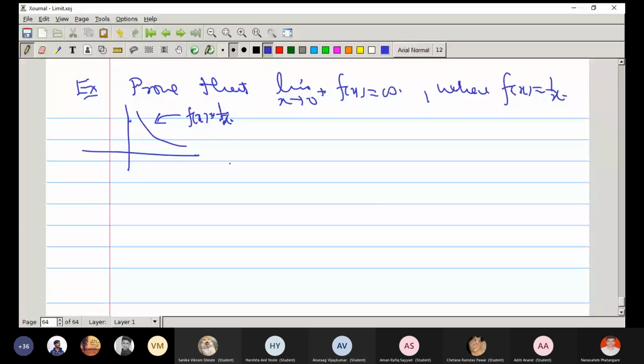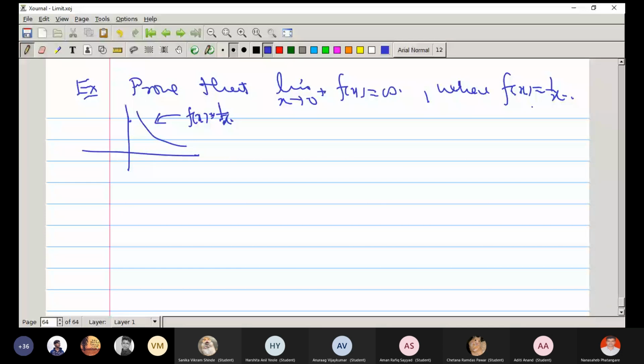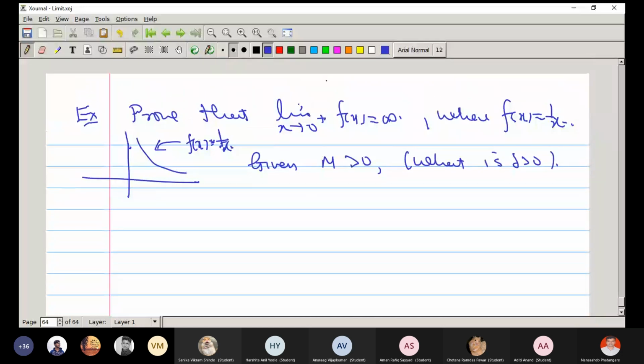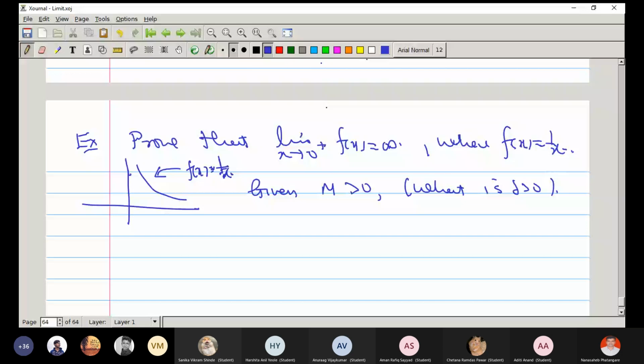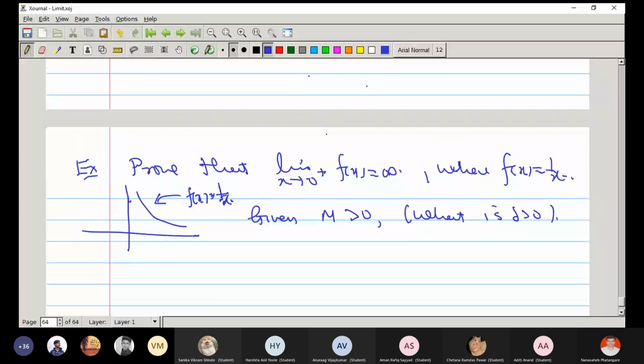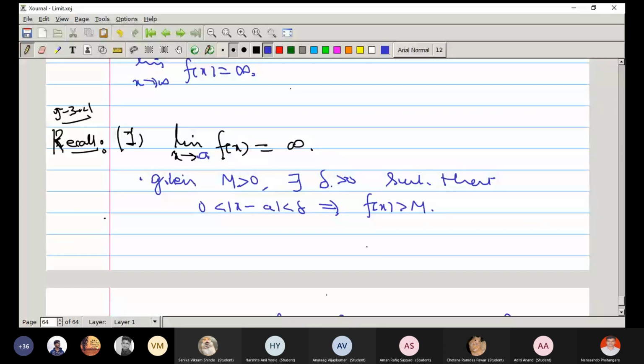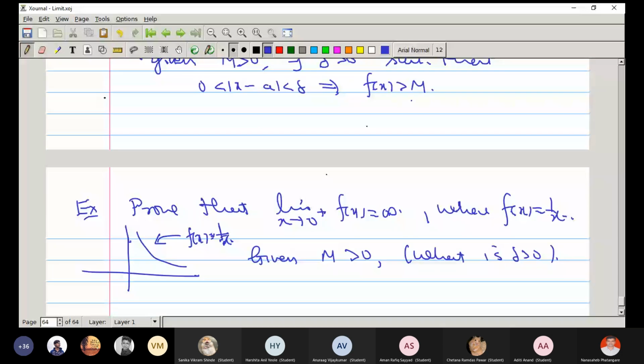How will you prove that the limit is infinity? Given M, what is delta so that the definition is satisfied? Given any M, can you find delta such that when x is in the delta neighborhood of 0, then f of x is greater than M? See this figure.